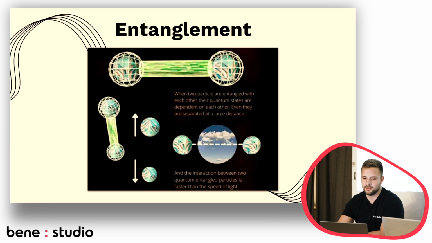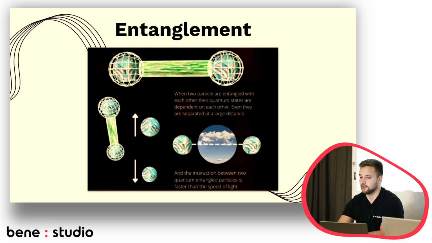Moving on to the second important definition, which is entanglement. It can be explained this way: you can think about your two best friends who can finish each other's sentences no matter how far apart they are.